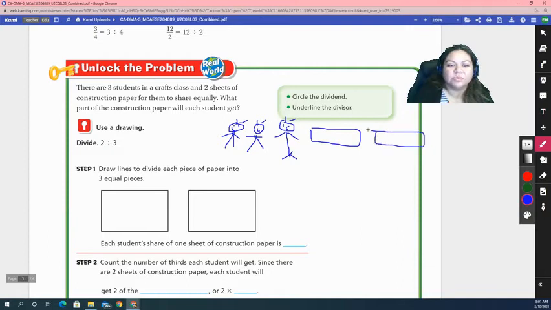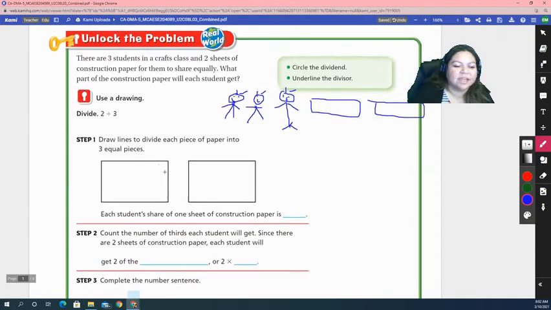So what we are doing is dividing the 2 pieces of paper by 3 students, right? Because that's all we have. We only have 2 pieces of construction paper, and we want to know how much they will get. We're going to have to split it, rip it apart. So let's do this diagram.